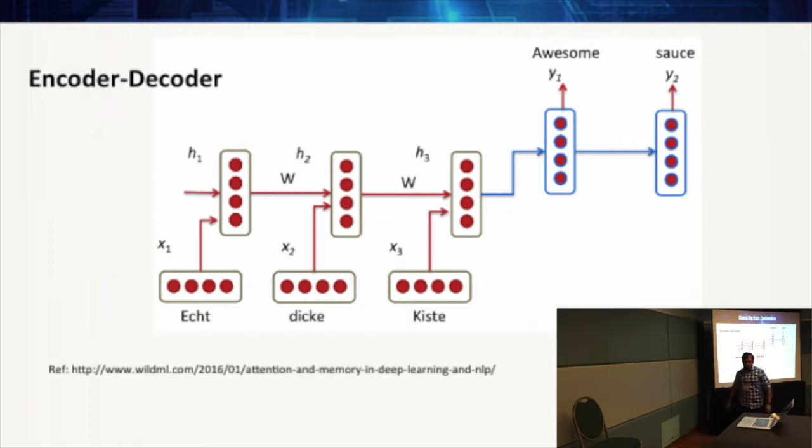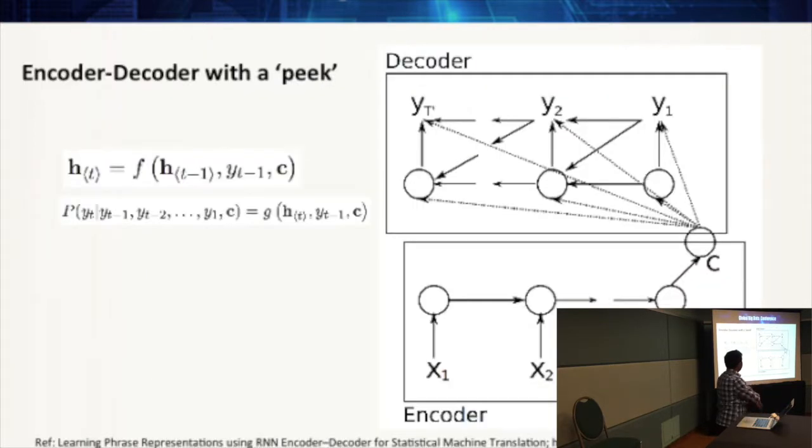A new research proved that if you have a peek, instead of giving the encoder hidden state just one time, can I give that to the decoder at every timestamp? It's called peeking.